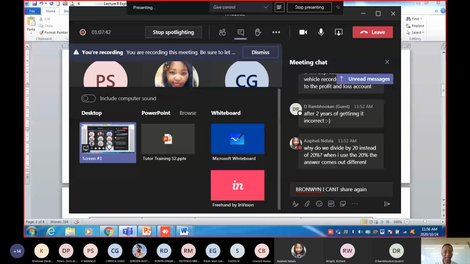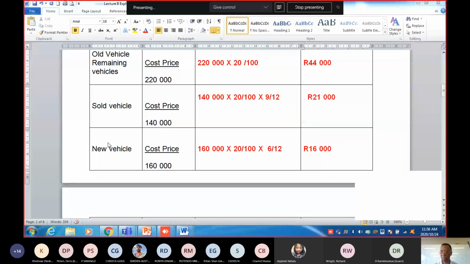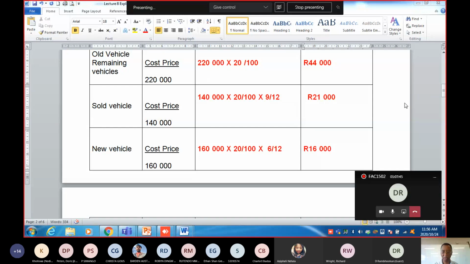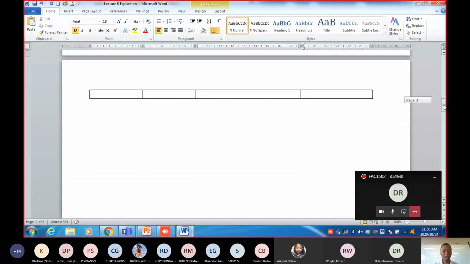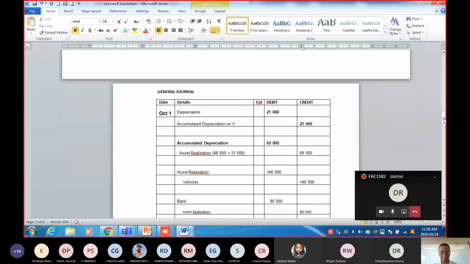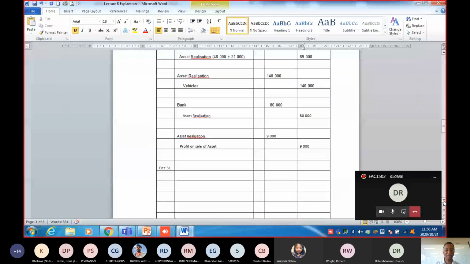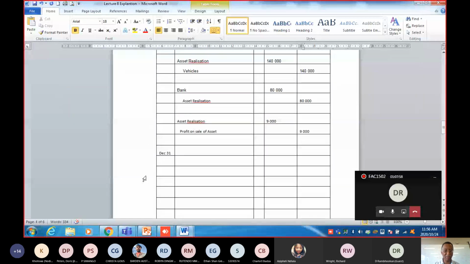On the 31st of December, I must provide for depreciation on my remaining assets. And to do that, I debit depreciation and I credit my account accumulated depreciation.